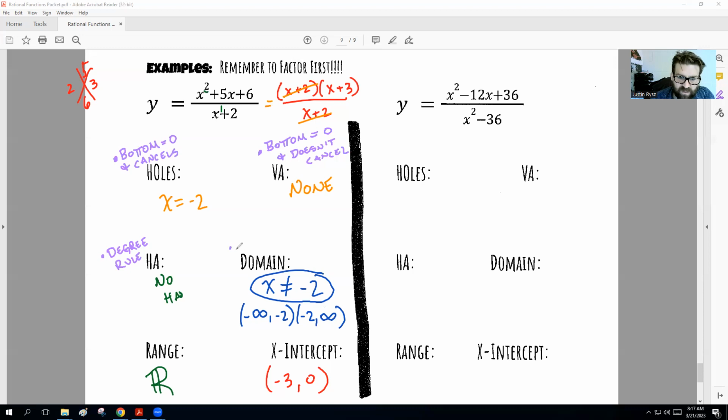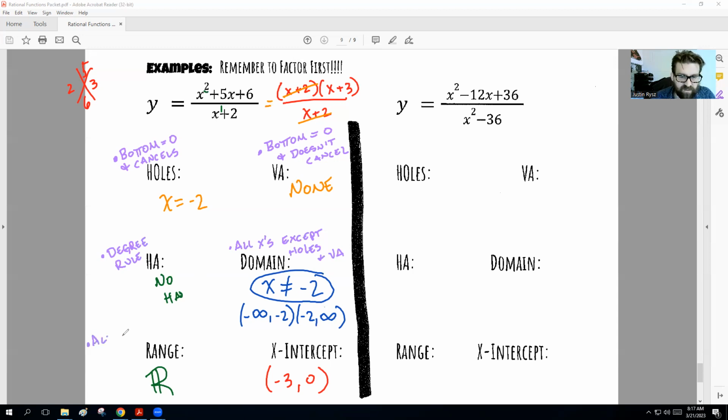Domain: all x's except holes and vertical asymptotes. Okay, we didn't have any vertical asymptotes. We just had a hole. So we said it's all the numbers except x cannot equal -2.